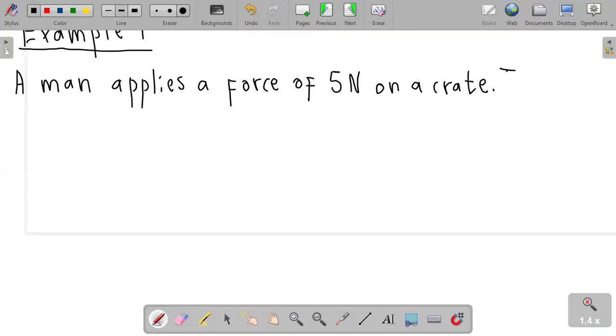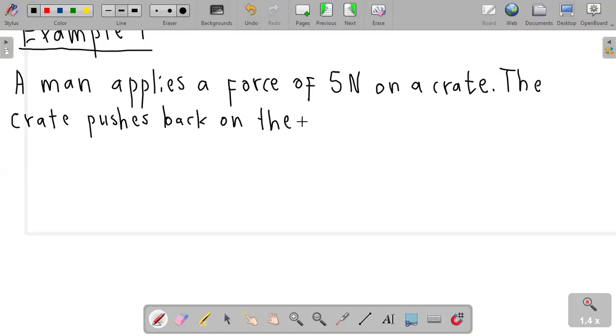The crate pushes back on the man with a force of 2 newtons.